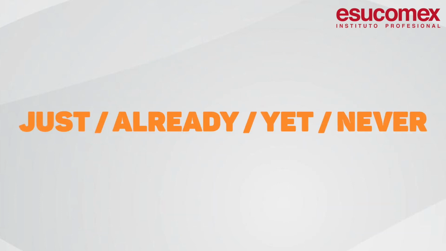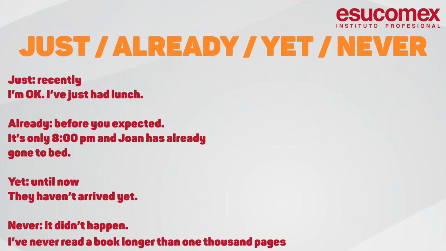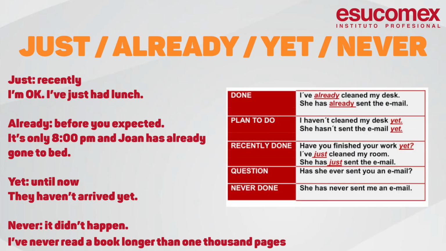We will end this presentation by studying the adverbs just, already, yet, and never, which are also commonly used in the present perfect. Just means that the action happened recently, as in, "I'm okay, I just had lunch," where the person ate a few moments ago.